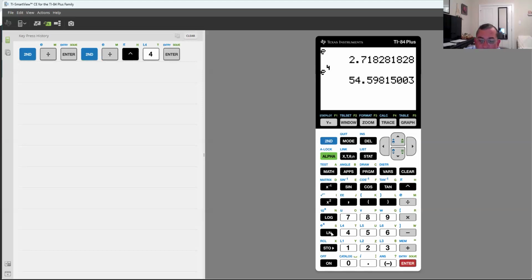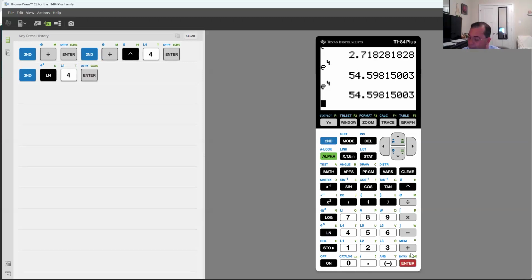On the left side of the 4, you see that LN. Above the LN is a blue e with an x. If you hit second LN, it brings the e up ready for the exponent, and you can put your 4 in and then enter.